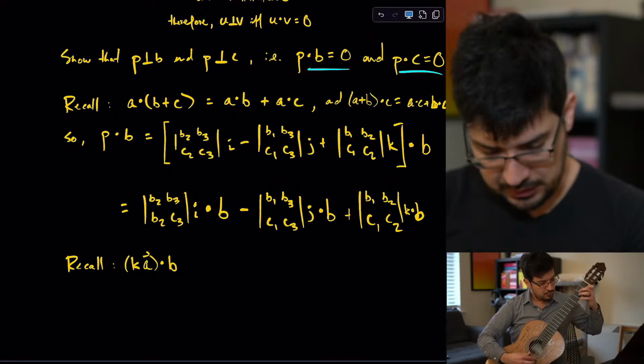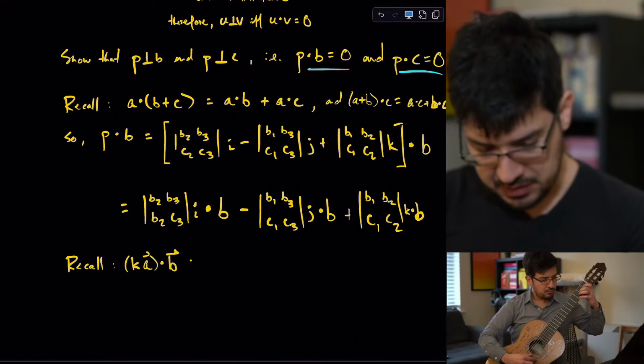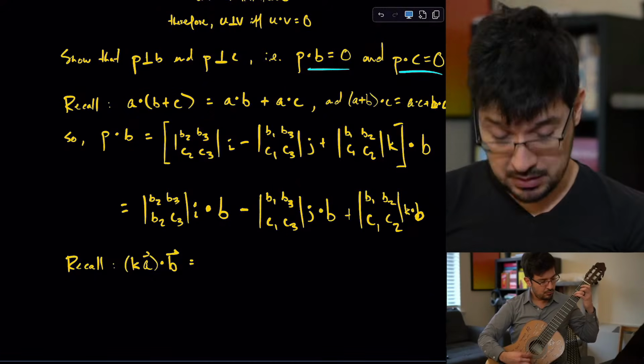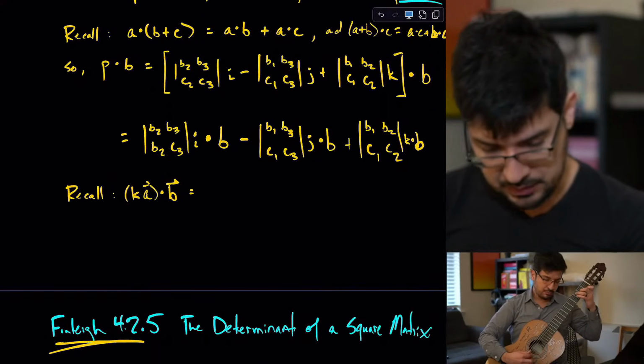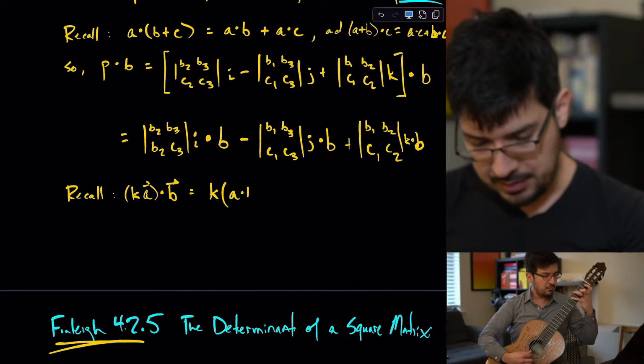Let me really clarify that the A and B are vectors and K is a scalar number. It's just a regular old scalar number. This will equal the constant times A dot B.